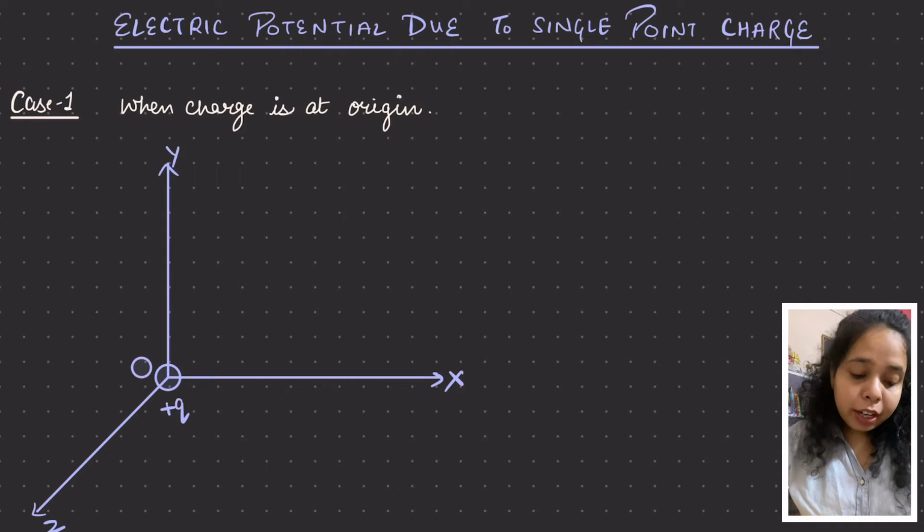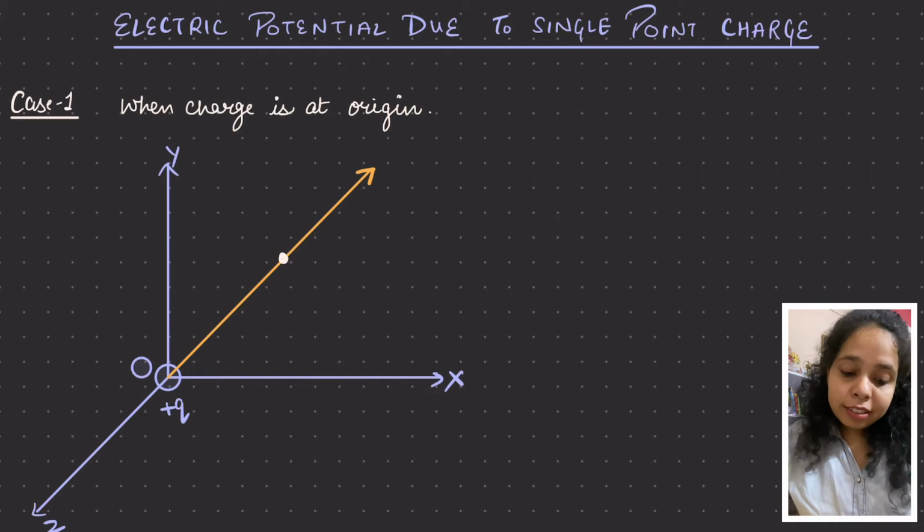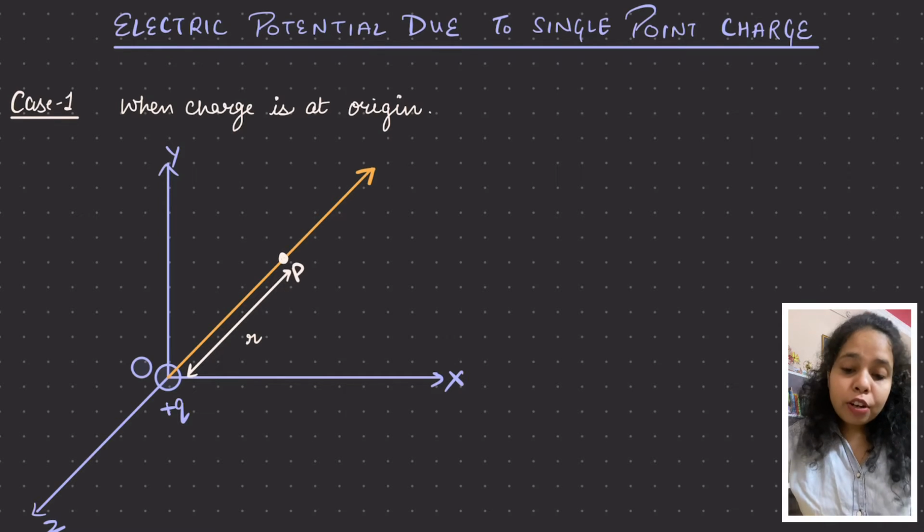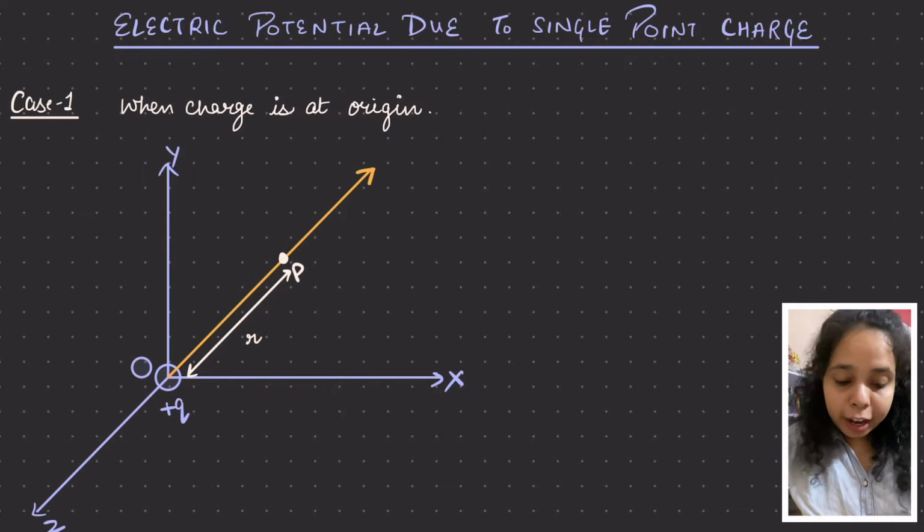Now we know electric field lines always act in the outward direction, therefore we will make one single electric field line because making more lines will make the diagram messier. And let us consider a point P which is at distance R from the source charge placed at the origin, and now unit positive test charge plus Q naught is supposed to be placed at point P, but it has to cover all the distance.